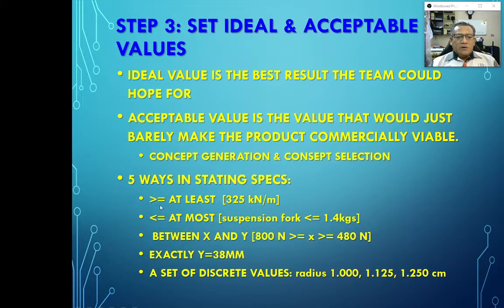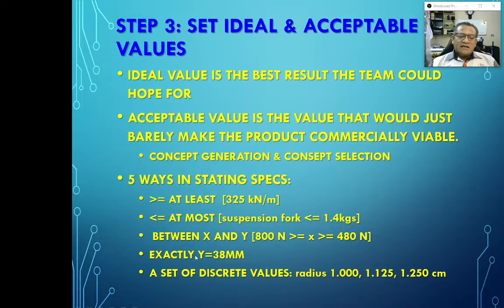Whether it is more than or equal to, at least 325 kilonewton per meter as far as torque forces, or it should be less than or equal to, at most, suspension force, which is less than or equal to 1.5 kilogram, or it could be a specification in between, like your value is lower than 800 newton and more than 480 newton. That could be an in-between value.